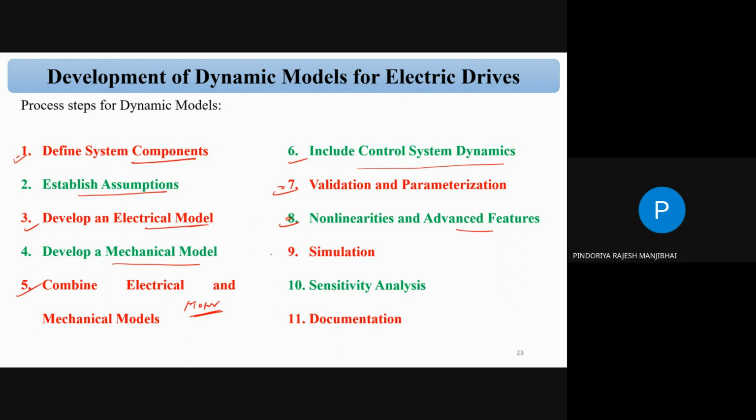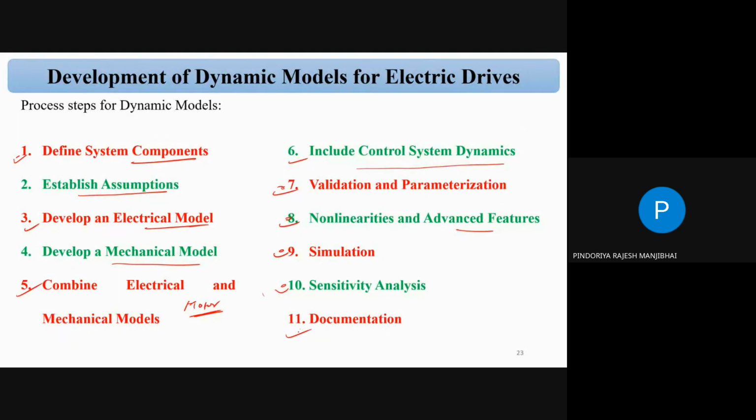Then finally the simulation and sensitivity analysis. Sensitivity analysis means, suppose suddenly your motor is in a faulty condition, then what do we have to do? Do we have to shut down our motor? Or still we can run our motor with 50% load cutting, maybe 60% load cutting. That type of sensitivity analysis, and we can say it is a fault diagnosis system. Suppose suddenly a fault is created in your motor, so we have to shut down our system, or still we can run our system with maybe 50% load reduction, correct.